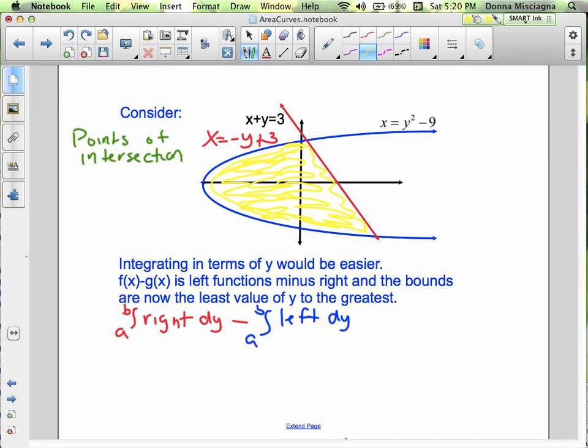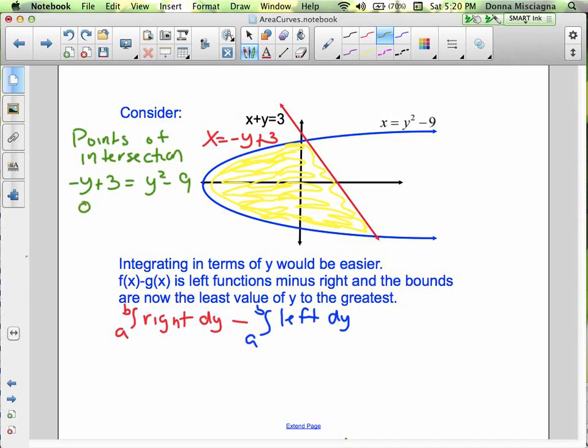So go back to green. We've got it isolated: negative y plus 3 equal to y squared minus 9. Move everything to the right side.